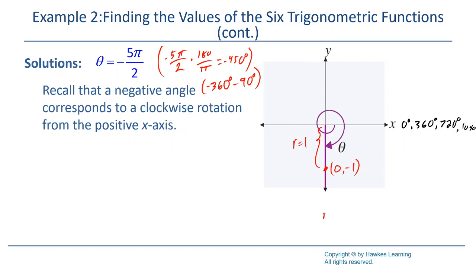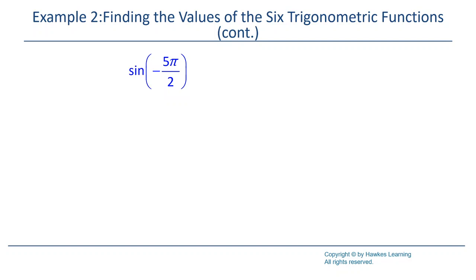Because remember, the radius is equal to the square root of x squared plus y squared. And it's a radius. You don't have a circle with a negative radius. And so then we can go through, same idea. We're going to let x be equal to 0, y is equal to negative 1, and our radius is equal to positive 1.